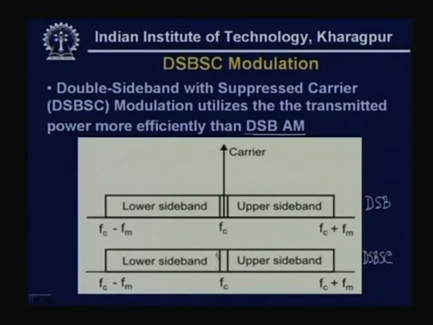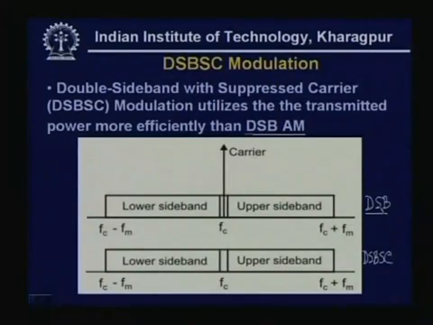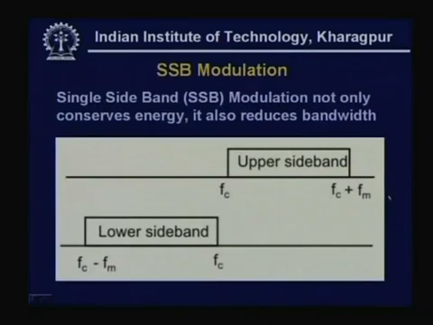We see the carrier is not present. To transmit this signal will require less than half the power than is possible by using double sideband transmission. So, this is the primary advantage of the DSB-SC modulation. However, it has some disadvantage in recovering the signal that we shall discuss later.